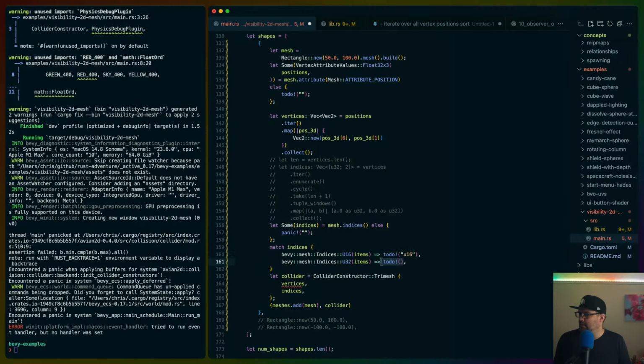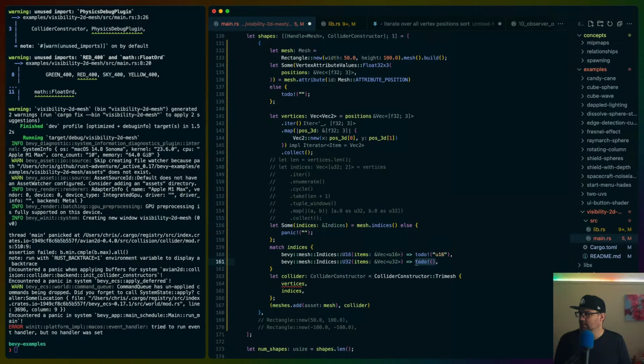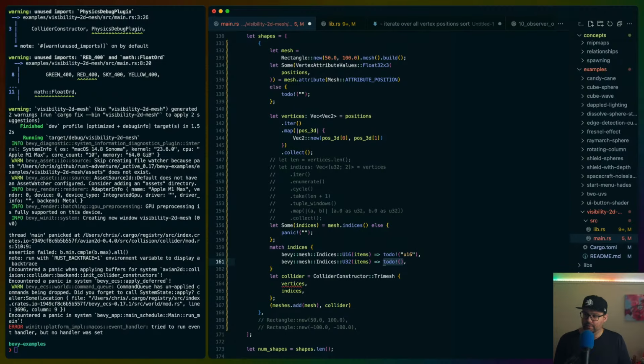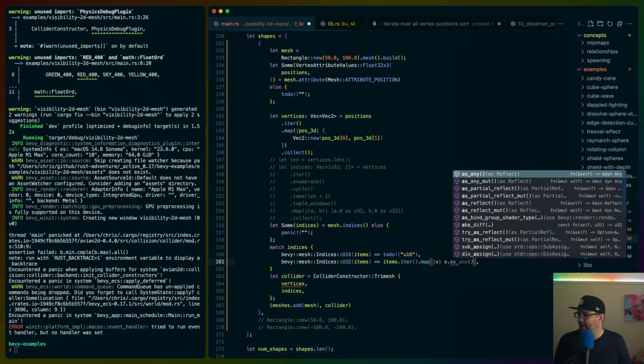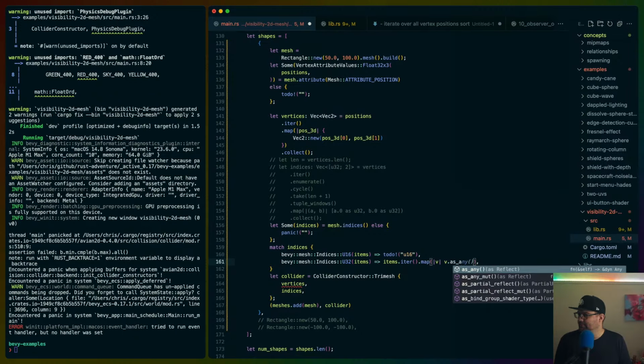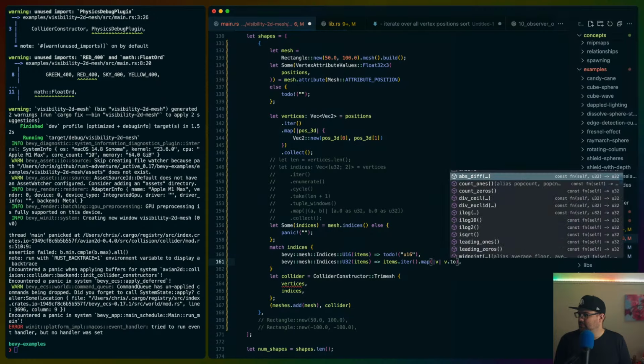U16 and vec of U32s. Vec of U32s is items.iter.map, vec.x. Or actually, we have a function for that, right? Vec.as array, to array.